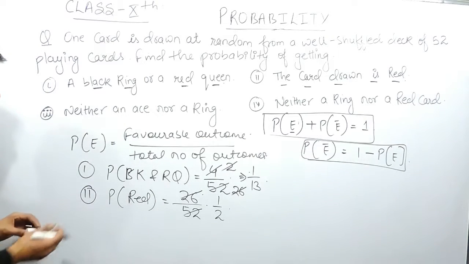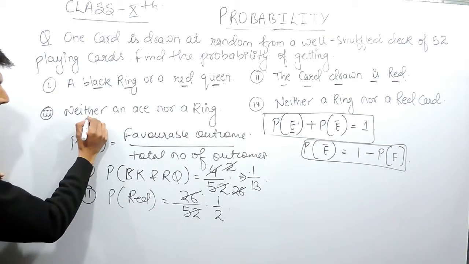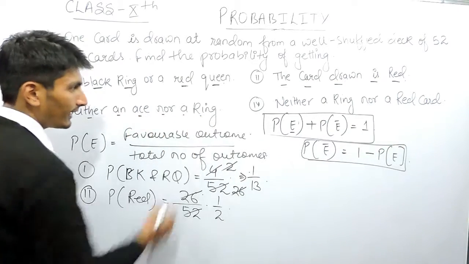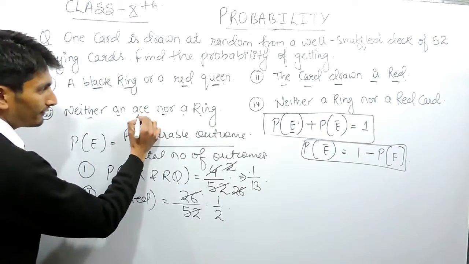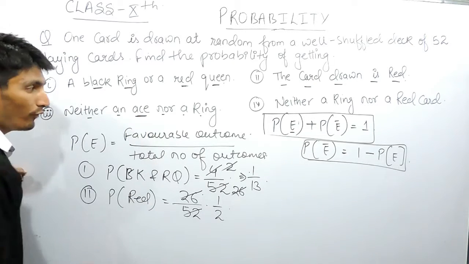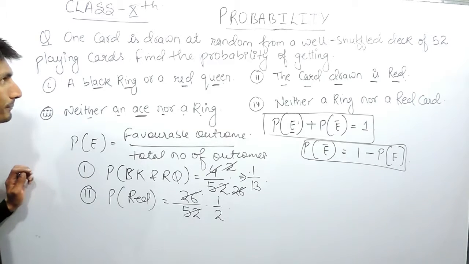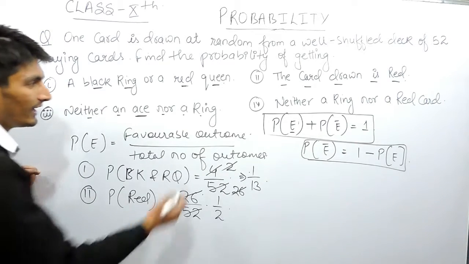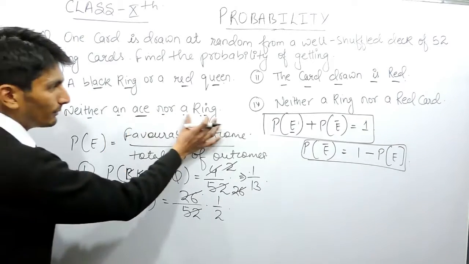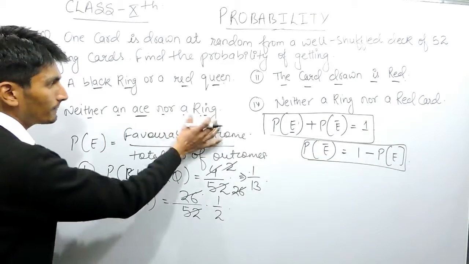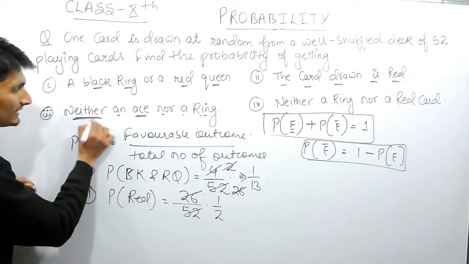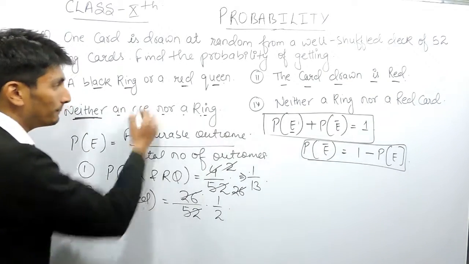In the first case, you have to find the probability for neither an ace nor a king. There are 4 aces in the deck of 52 cards and there are 4 kings. So the total number of favorable outcomes here is 8. But you need to find for neither, meaning these 8 cards must not come.